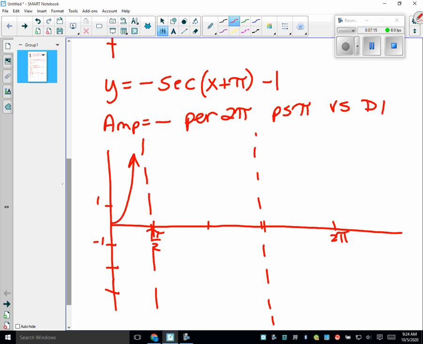Your window's too small. What do I put as my window? 0 to 2 pi. Pi over 2? No, the minus 1 should not be in the bottom of the fraction.